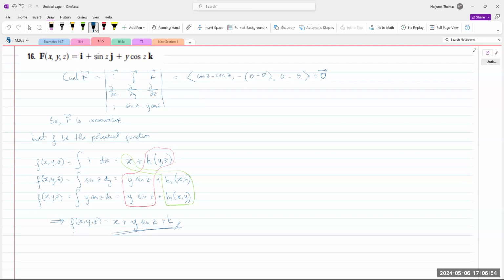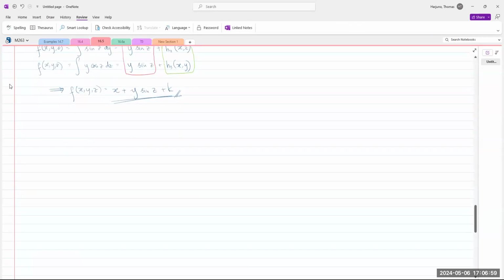Now the last part of this section is something we will see much later. It's about the vector form of Green's theorem. Let C be a curve. Oh, you know what?